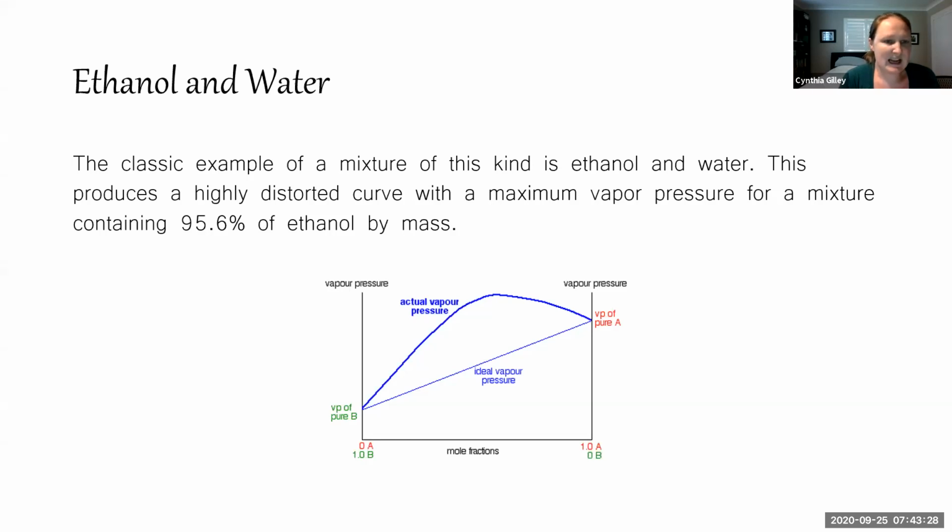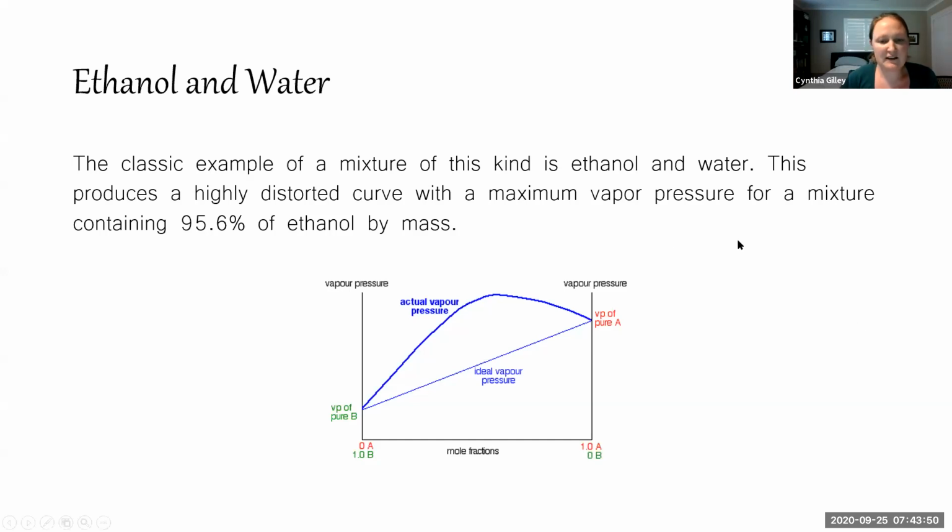This produces a highly distorted curve with a maximum vapor pressure being that of a mixture containing 95.6% of ethanol by mass. So that would make about 4.4% water in that particular mixture.